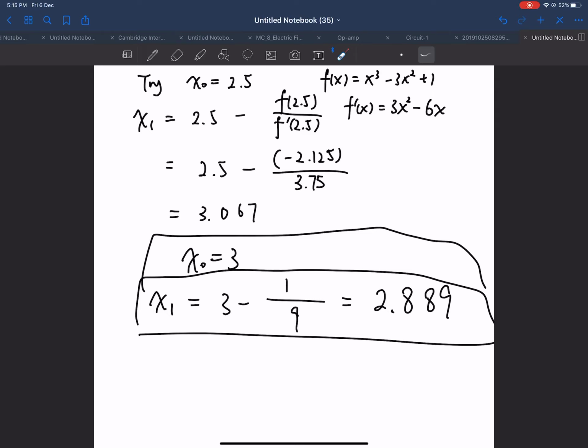In this question it's not a very clear question, so we just make it 1 dp. Read the question: give your answers to 3 decimal places. It's not asking you to give your answer correct to 3 dp. Know the difference.